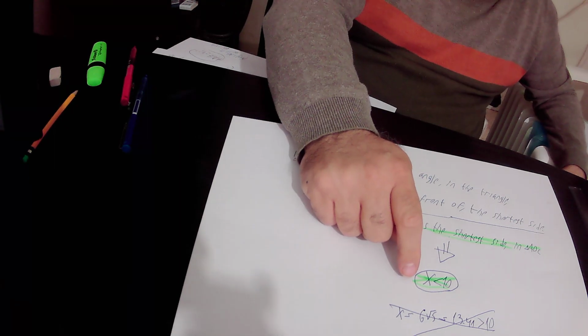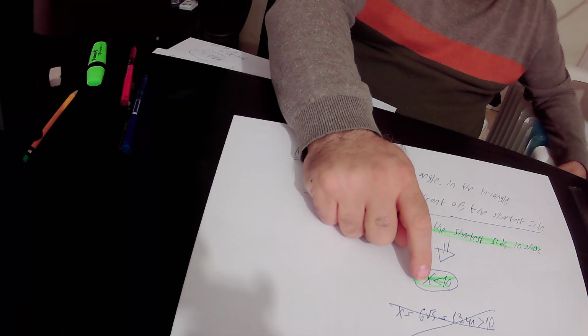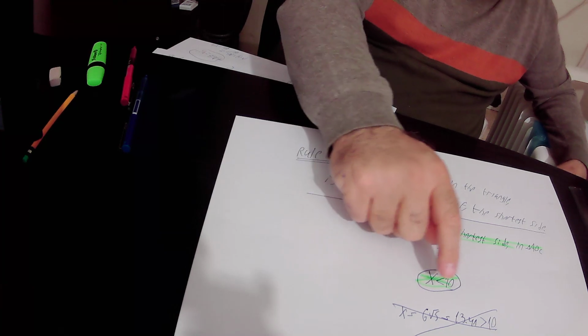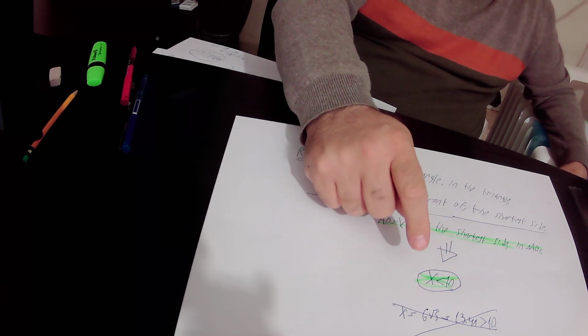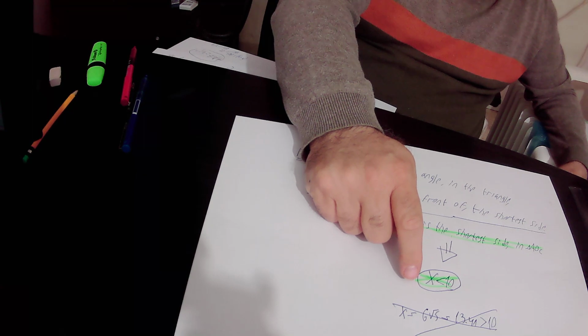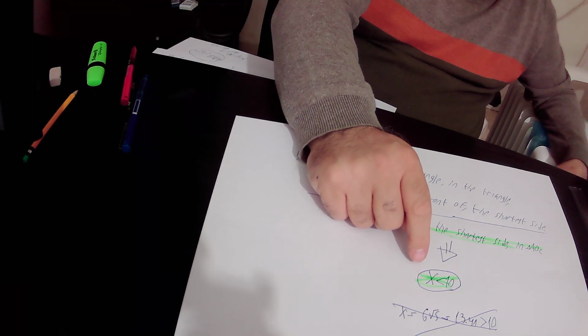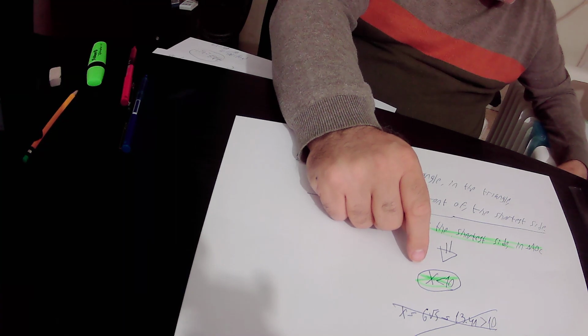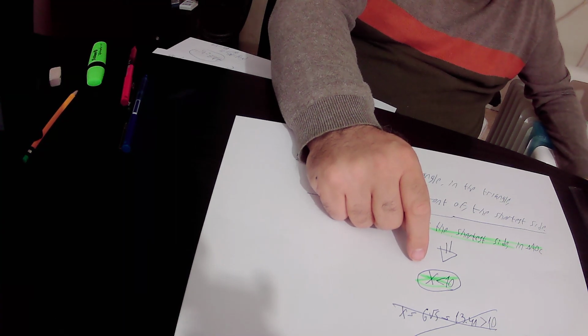The first solution is X equals 6 times square root of 5 units, that is 13.41 units. Here X is bigger than 10 units, but X must be less than 10 units, according to what we have already found out.